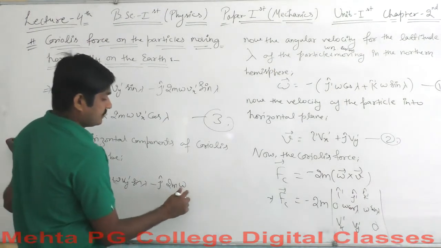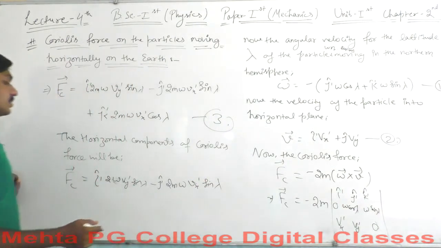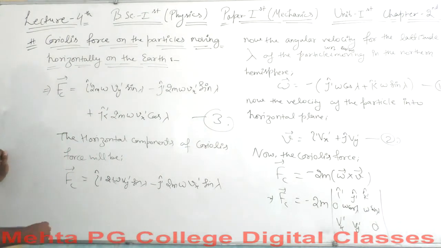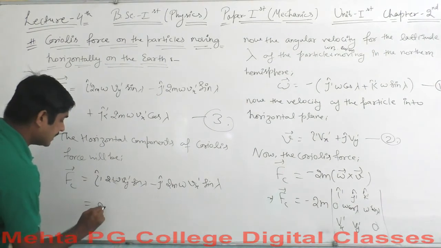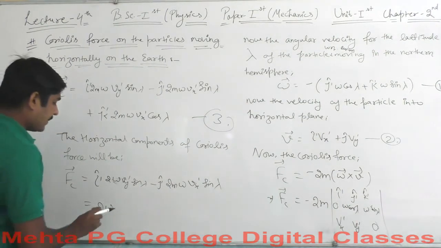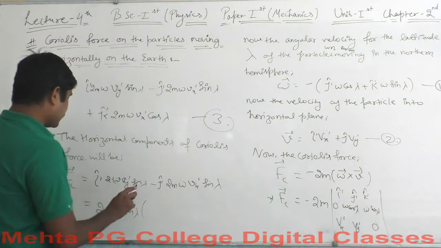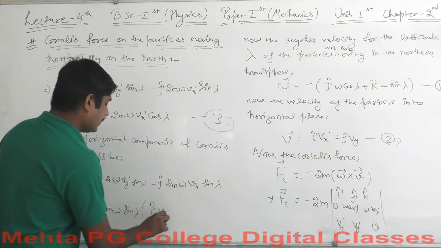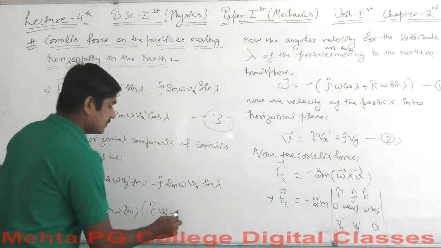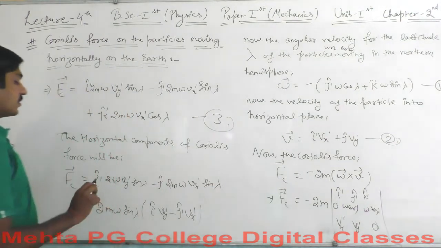Okay, these things are common between these two, so we can take them out of this equation, taking common 2 m omega sine of lambda, which is equal to I dash cap Vy dash minus j dash cap Vx dash. Okay, so that should be the value here.